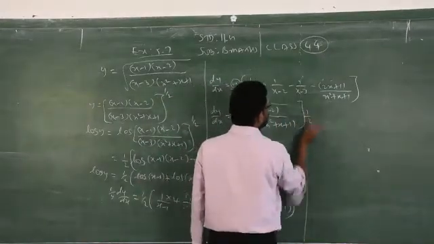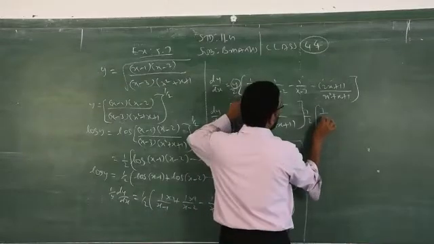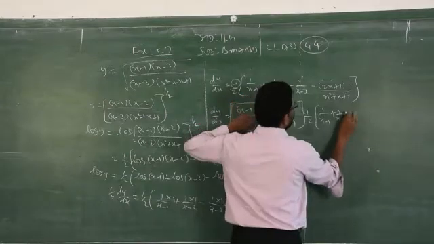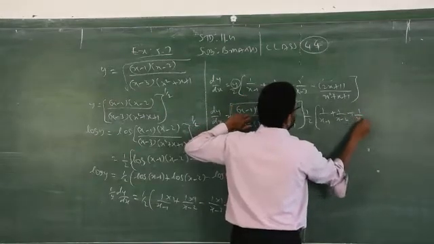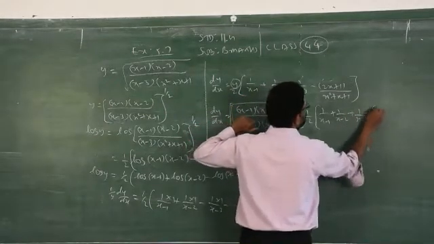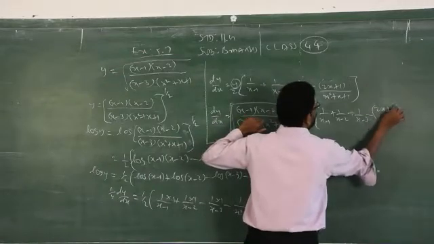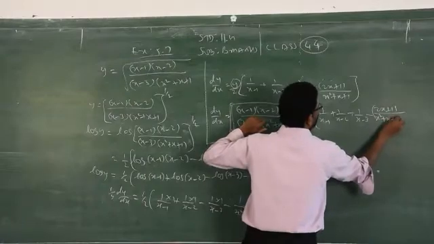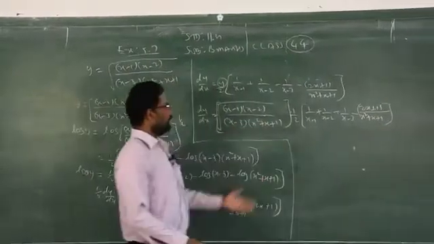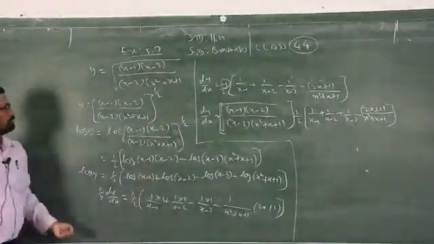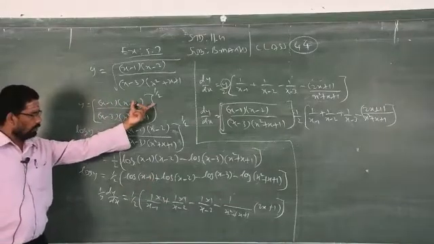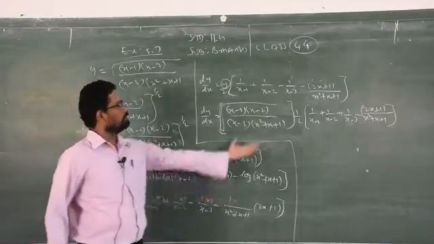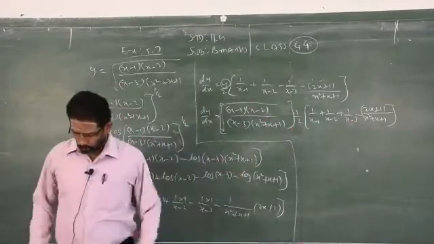So 1 by 2 of 1 by x minus 1, plus 1 by x minus 2, minus 1 by x minus 3, minus 2x plus 1 by x squared plus x plus 1. So you have to express it. You take first the power rule, then the division rule, then the multiplication rule, then you simplify, and you will get the answer. This is your required answer.